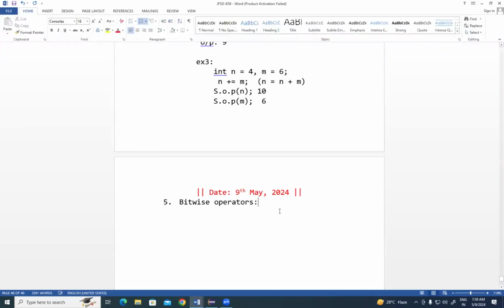Bitwise operators are required for those people who are developing applications for device drivers. Device drivers, in the sense, for example, you purchased a printer, HP, could be Dell, or Canon, some printer you purchased.